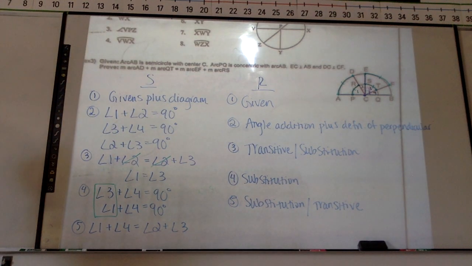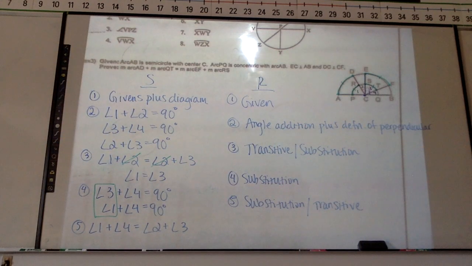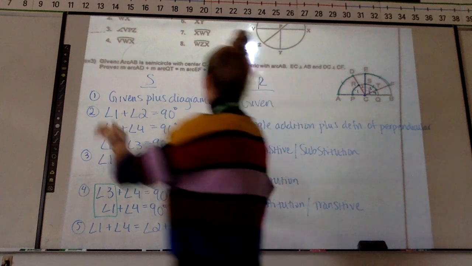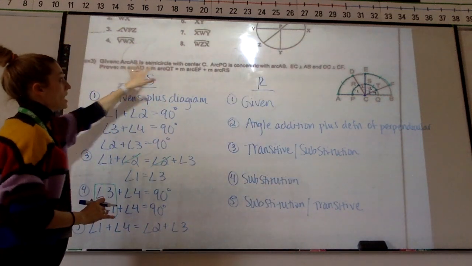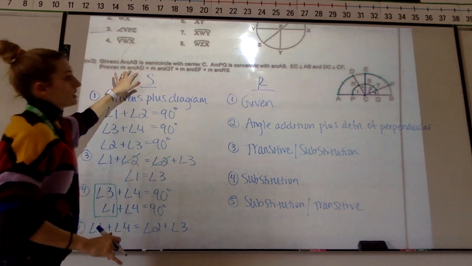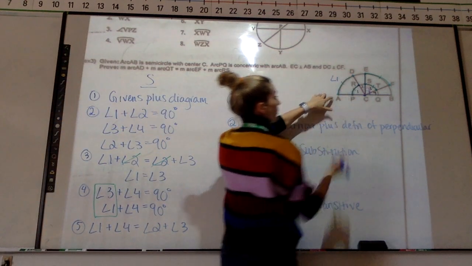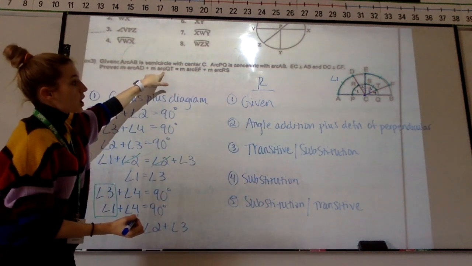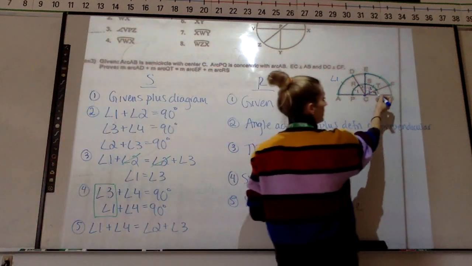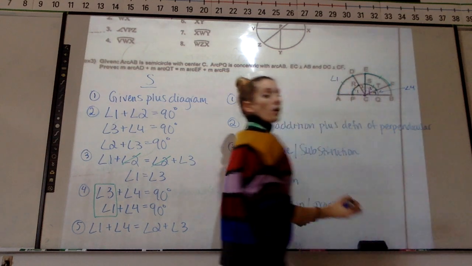So angle 1 plus angle 4, you want to think about the arcs that those are intersecting and what we're actually trying to show. We're trying to show that the measure of arc AD plus the measure of arc QT is equal to a bunch of other stuff. Look at the measure of arc AD. The measure of arc AD is the same thing as angle 1. The measure of arc QT is the same thing as angle 4.